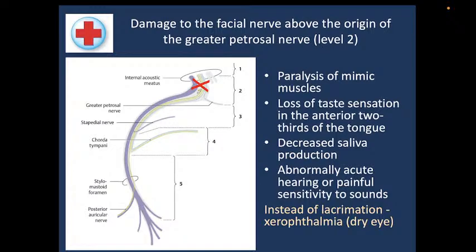This is the second level, where the nerve just comes into the facial canal, and you will get all of the symptoms described before, plus xerophthalmia.